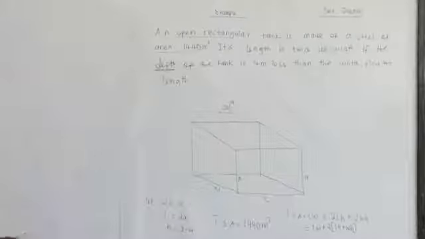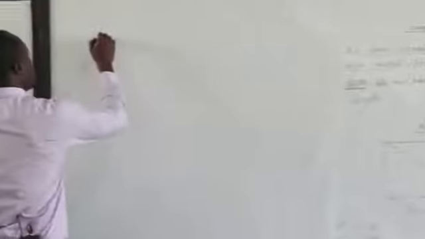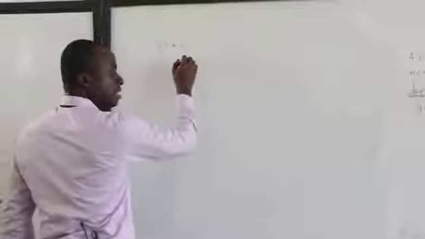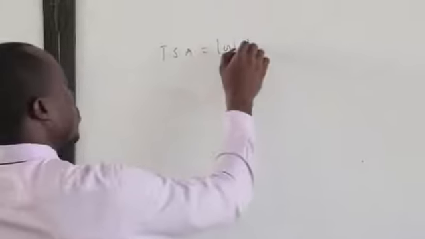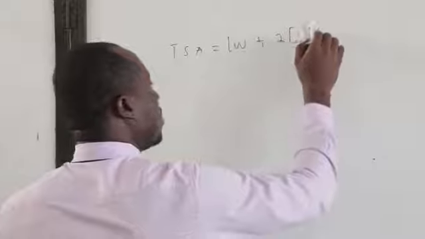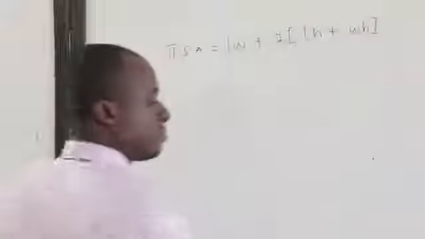But then I've been given my total surface area. What is my total surface area? Our total surface area, we had it to be LW plus 2 outside of LH plus WH.